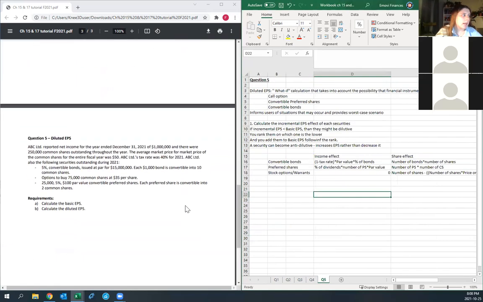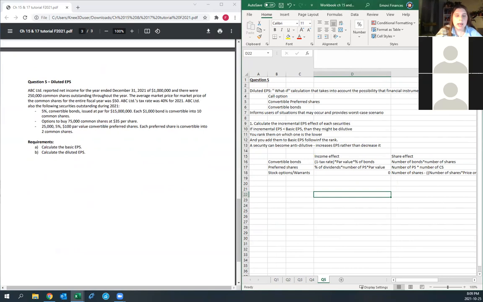For diluted EPS, what happens is that the company might have financial instruments that could have a negative effect on the common shareholders. For example, a convertible bond that they can switch to common shares at any time.